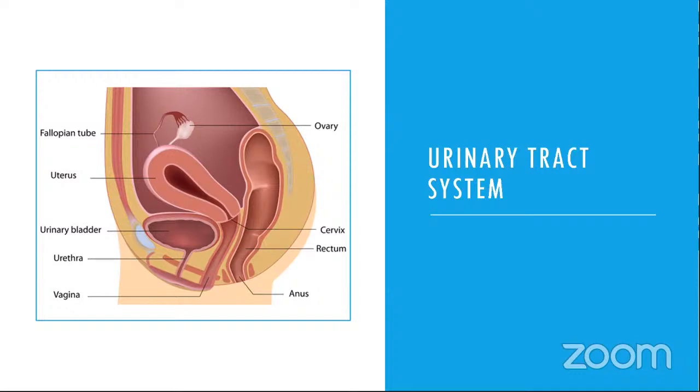Now, this urinary tract system is very close to the genitalia. Also, behind that is the rectum. Next, this is the anatomical description.